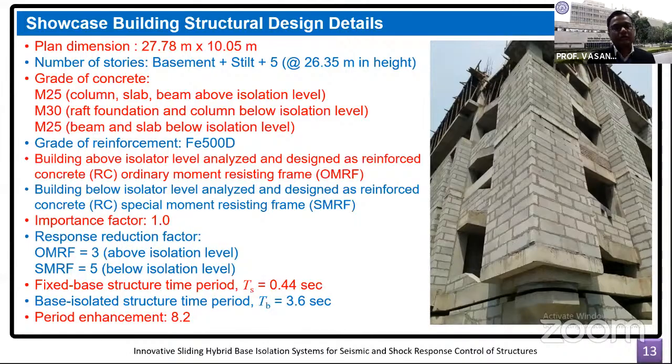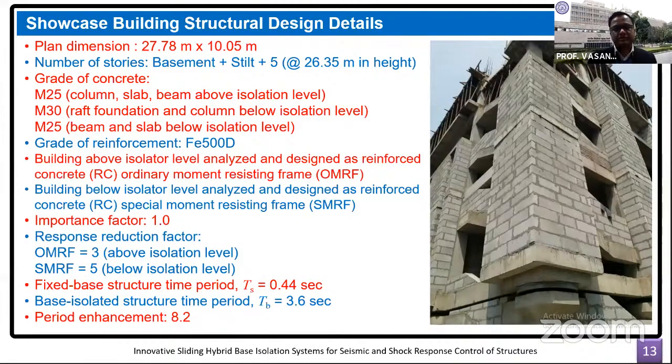The normal grade of concrete ranging from M25 to M30 were used in the construction of the foundation, columns, beams and slabs. The reinforcement grade used was Fe500D. This building was analyzed a little in a different manner.